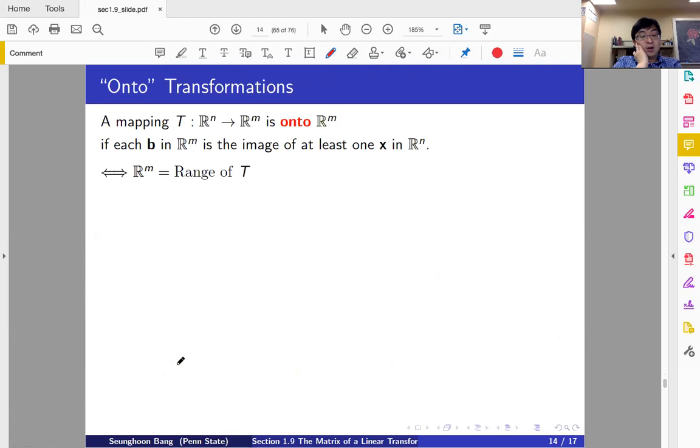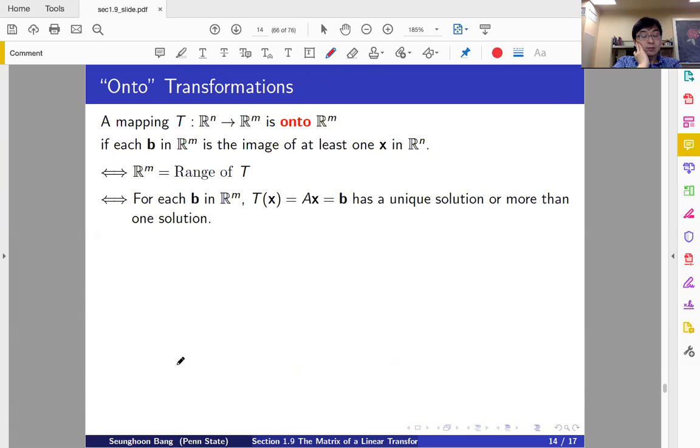It means Rm is exactly the same as the range of T. In other words, for each b in Rm, Ax = b has a unique solution or more than one solution. The solution always exists.